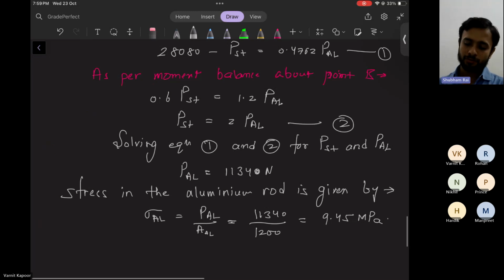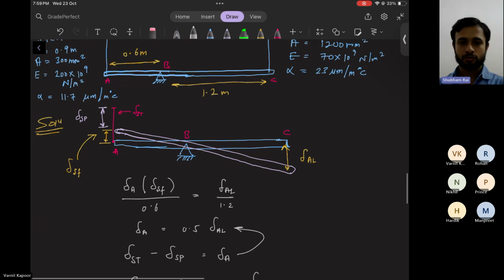Here we did not use force balance because you will have a force at point B also, and we do not know what that force will be. Although it is very clear that it will be PST plus PAL, since PST and PAL are also unknown, the force at point B will also be unknown. That's why we have used moment balance. So the moment of the reaction force passing through point B will be zero.